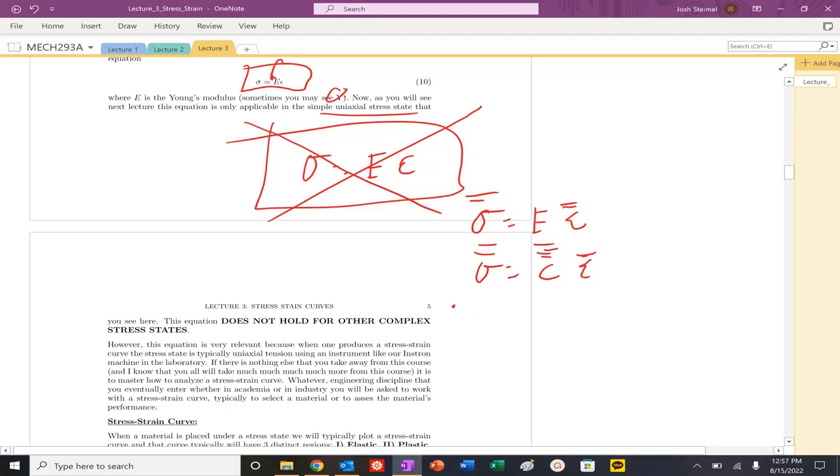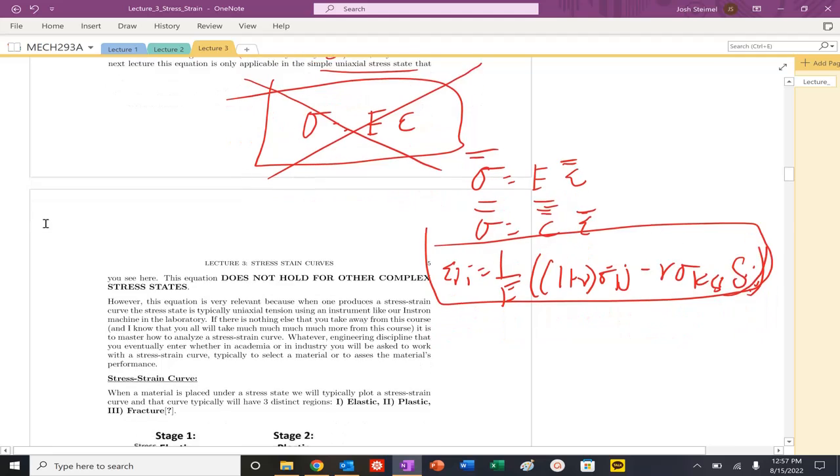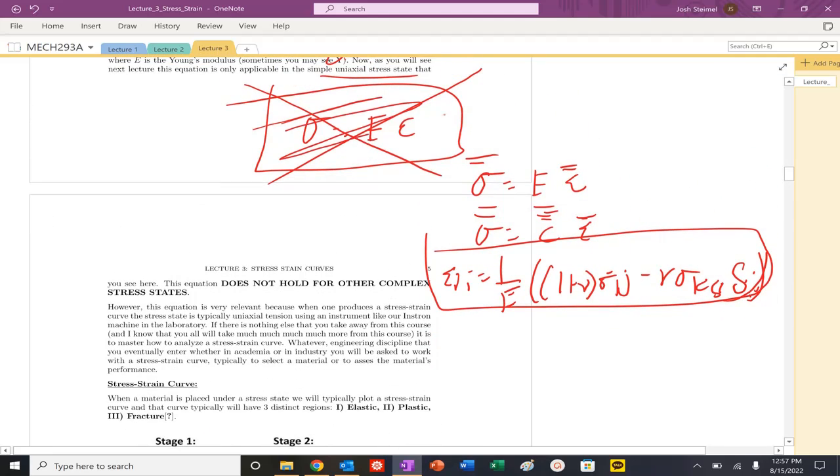You're going to be using this equation: epsilon ij equals 1 over E times (1 plus nu) times sigma ij minus nu times sigma kk, Kronecker delta ij. So we're going to be using these expressions, and second rank tensor properties. So this is the most dangerous equation in solid mechanics whenever you're looking at any material.